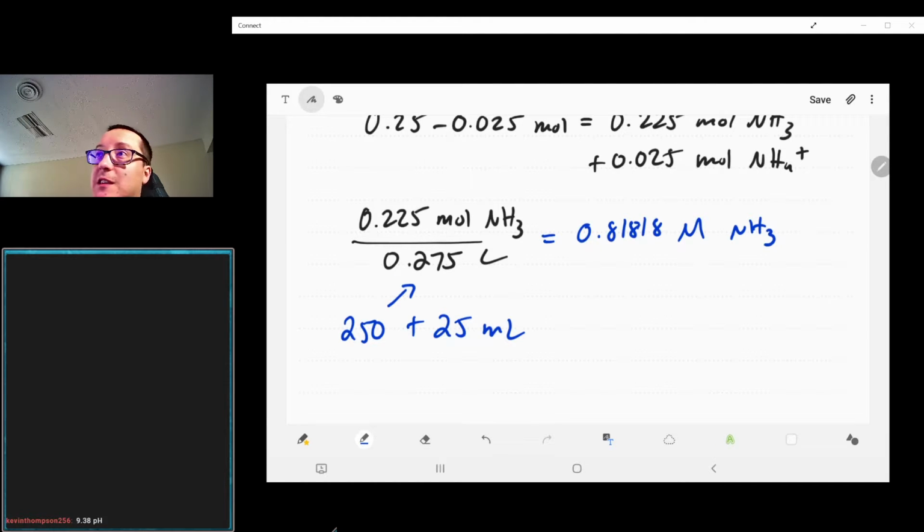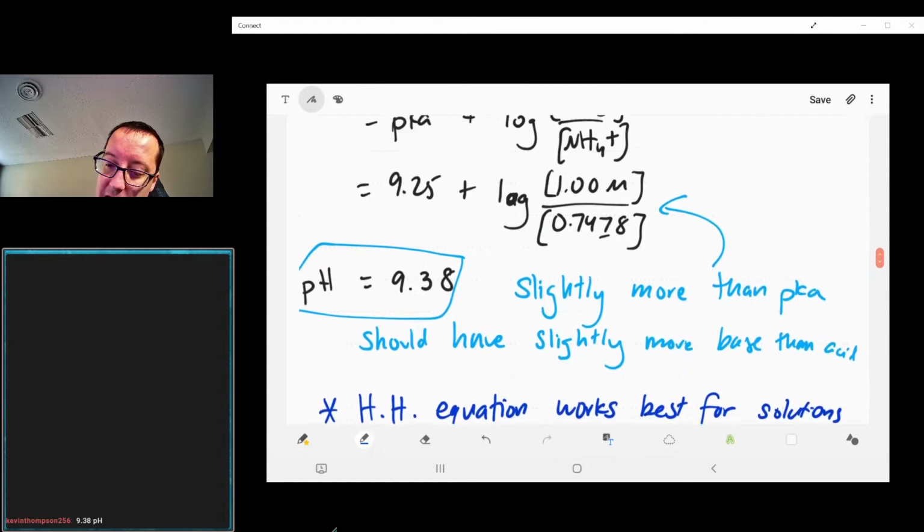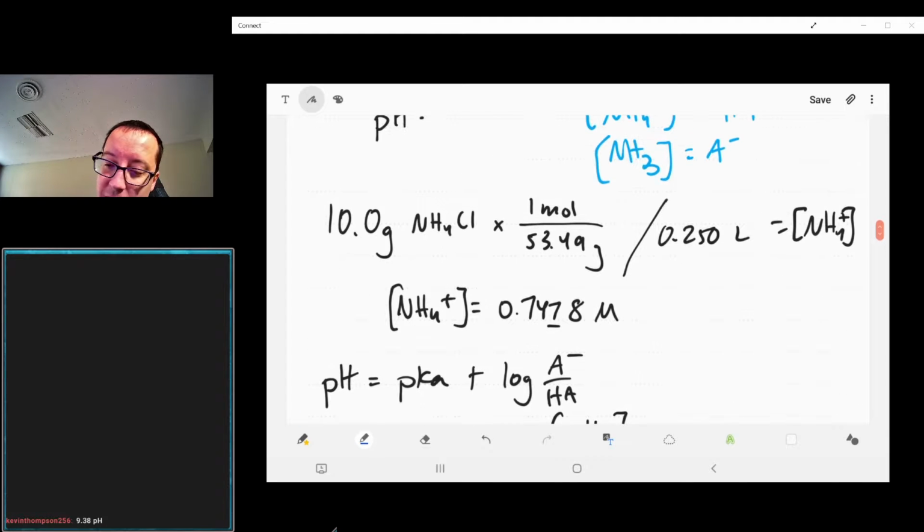And so now we just need to go ahead and add our ammonium to our previous amount. While we necessarily didn't stop at moles for ammonia, we technically did that. We know how many moles we had to begin with. So it was 10 divided by 53.49.